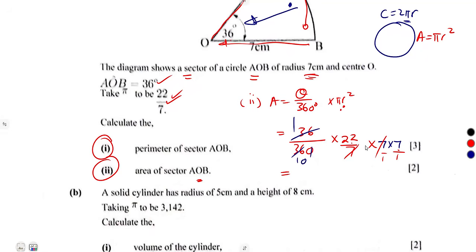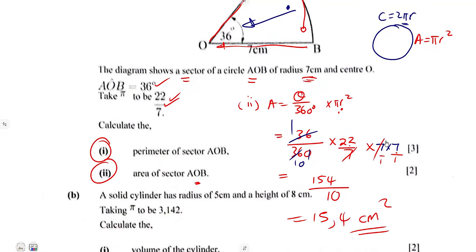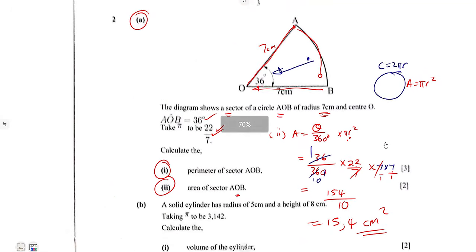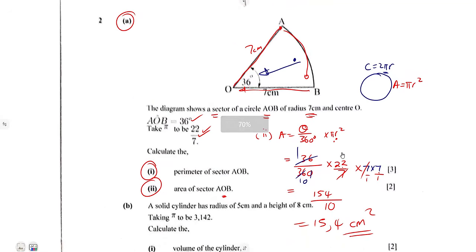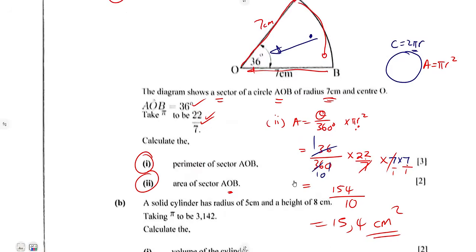Guys, this is paper 2. Use calculator there. So 22 times 7 is going to give us 154 over this 10. So divide on your calculator, that's 15.4. Area in what? Square units. So that's square centimeters, all right? So that was simply what you're going to consider as the area, all right?